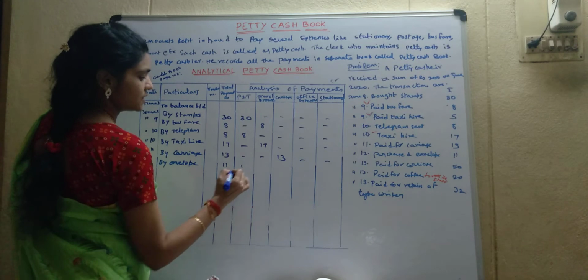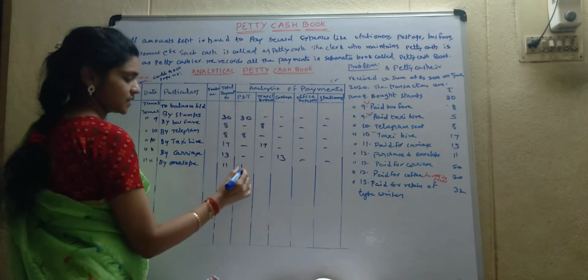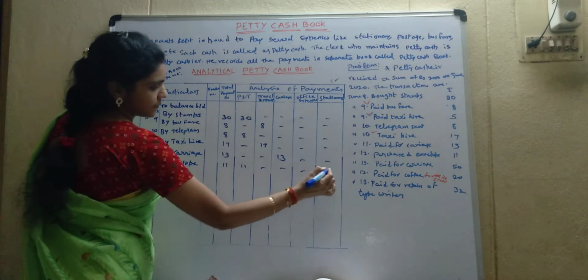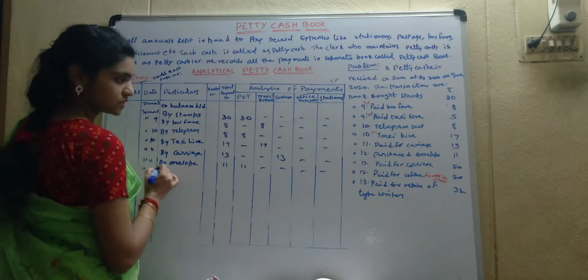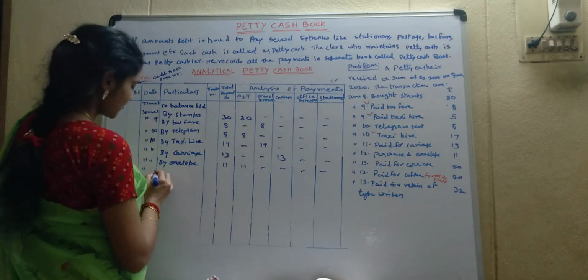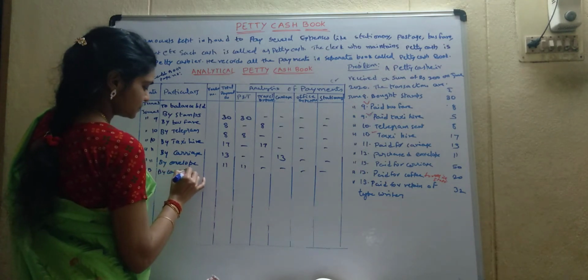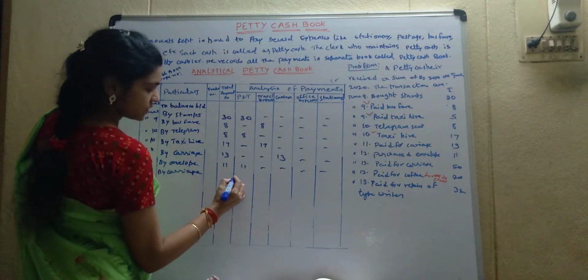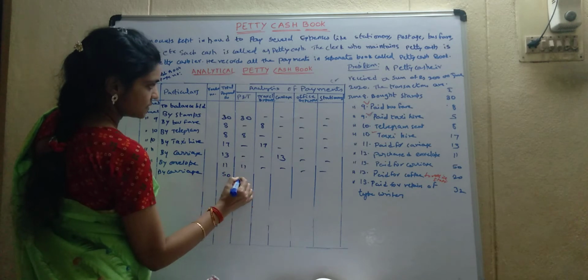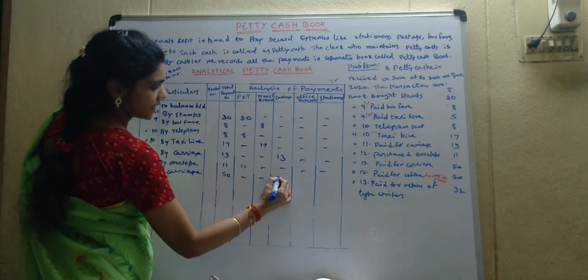Again envelope is in postage and telegrams. And coming to the next, what's the date? Paid for carriage again. By carriage, 50 rupees. 50 rupees is in the carriage column.